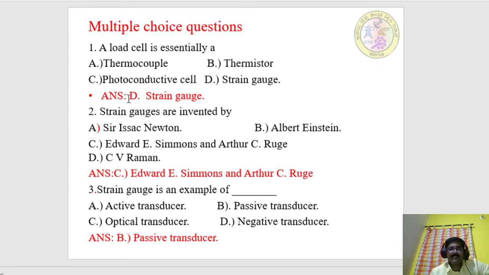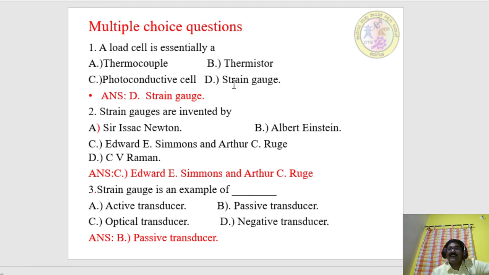Now we'll discuss certain multiple choice questions belonging to the session. A load cell is essentially a: options are A thermocouple, B thermistor, C photoconductive cell, D strain gauge. Look into all this and judge properly.